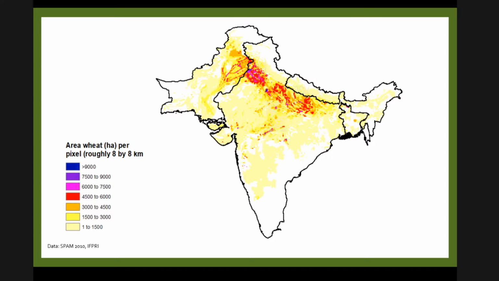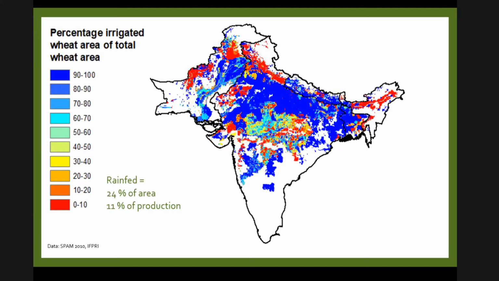So in this map, I included the intensity of wheat production in the area that we studied. So you can see that it's mostly in this Indo-Gangetic plains along the border of Nepal and India, in Indian Punjab, Pakistani Punjab. This is where most of the wheat is, and most of this wheat is also irrigated.